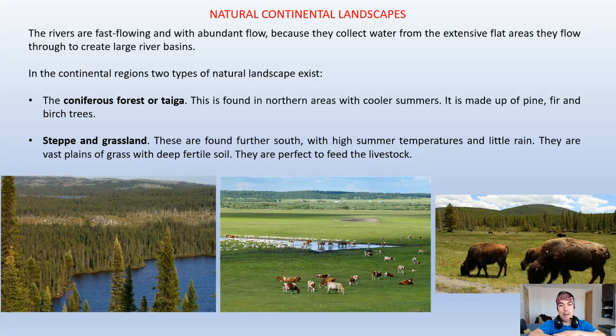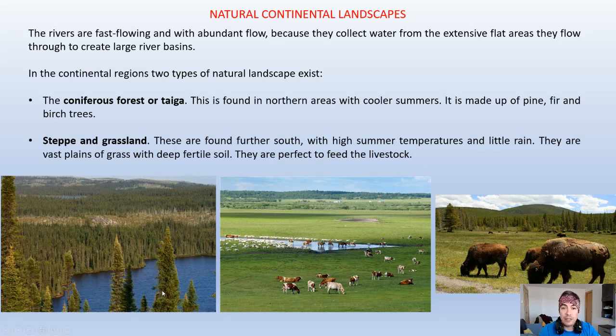We have enormous plains in these areas, and there are a lot of rivers that flow, and the main rivers collect the water from the smaller ones, so we have very wide rivers with a lot of flow, okay? And they create large river basins. The place where the river flows is the river basin. They are usually very large. You can see here this river.